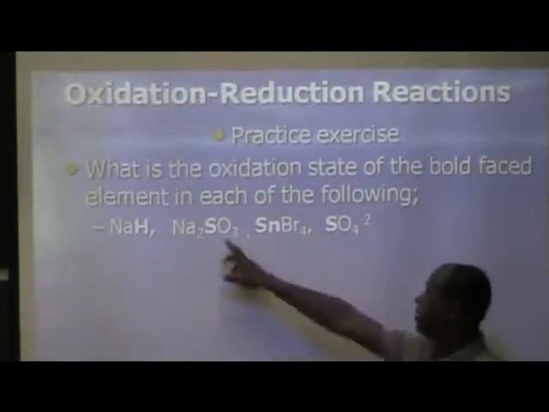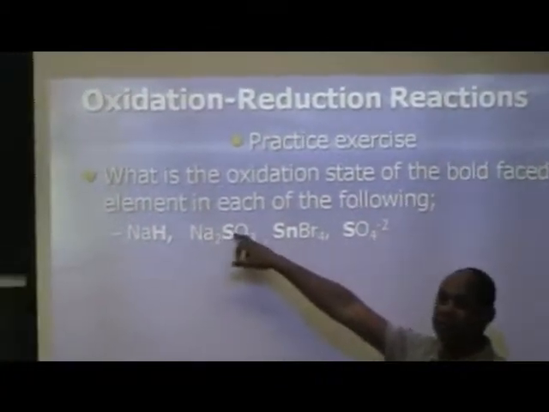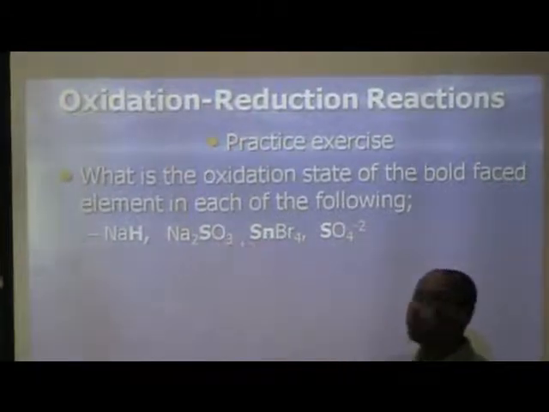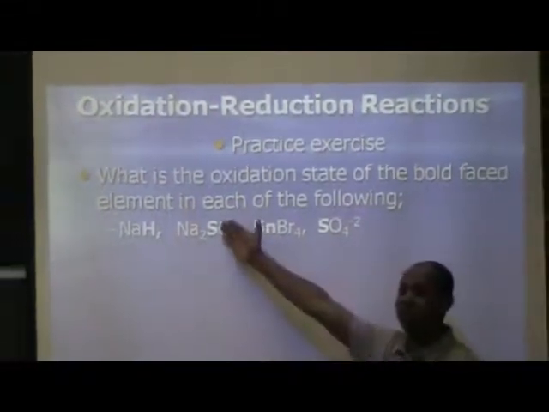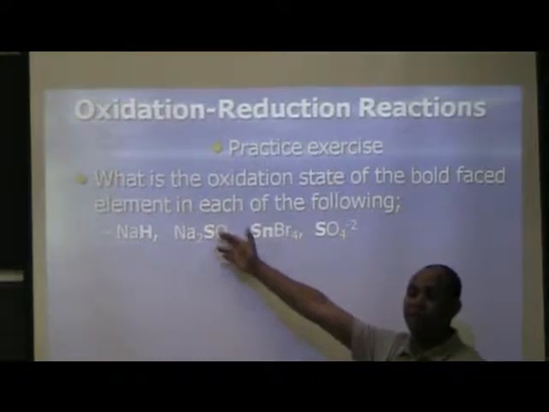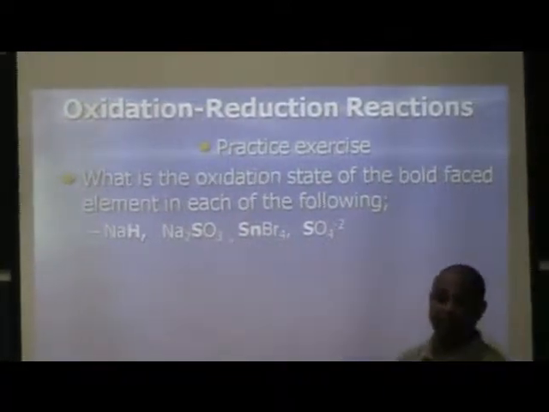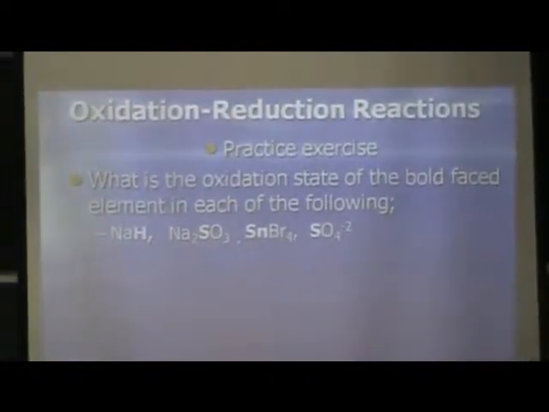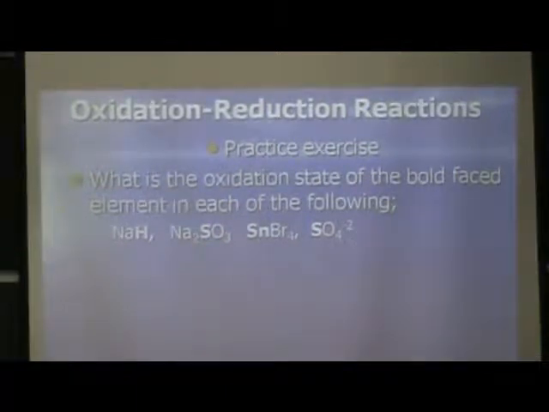How about this compound, the oxidation number of sulfur? What's the name of this compound? Sodium sulfide. So what's the oxidation number of sulfur? Plus 5. Okay. Anybody has a different answer?